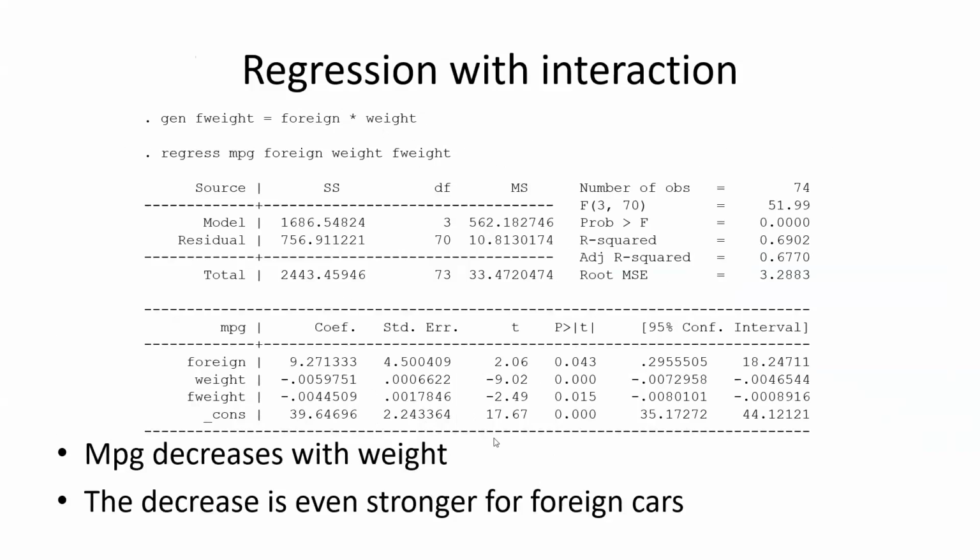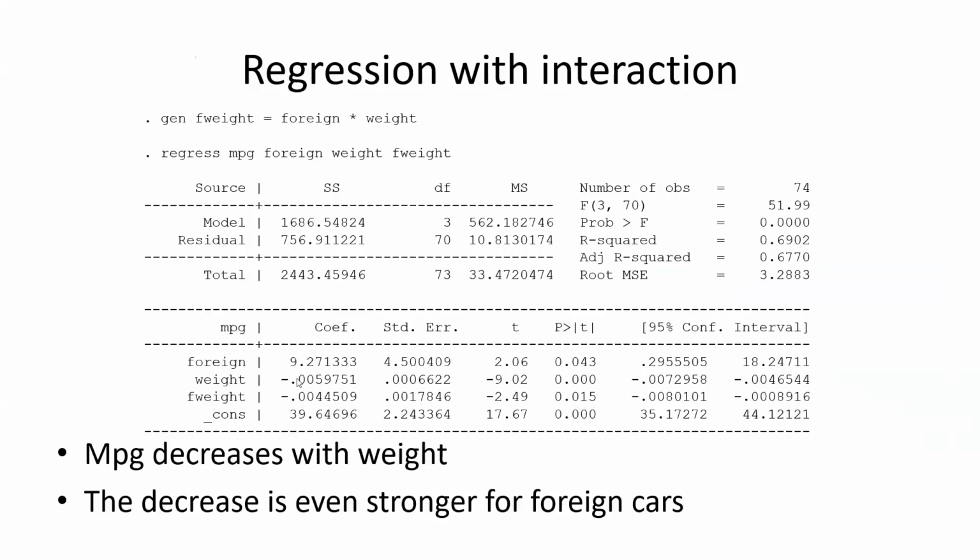So here I have weight is significant, direction is the same as before. The interaction is significant at 5%. And which effect does it have? Well, if it's turned on, the slope decreases even further, right?